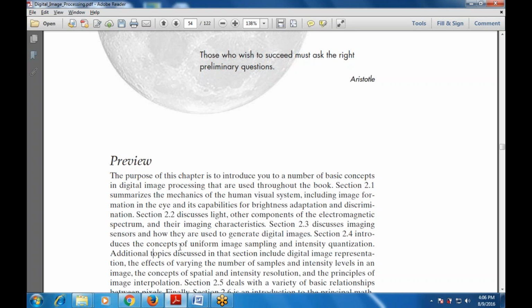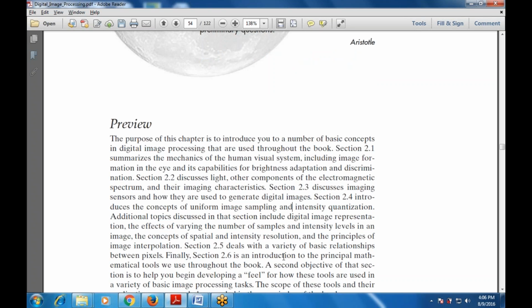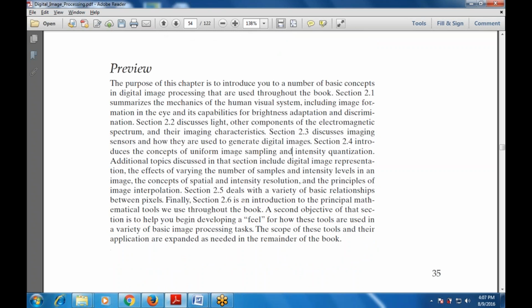An additional topic discussed in this section is digital image representation, that is, the effects of varying the number of samples and intensity levels in an image, the concept of spatial and intensity resolution, and the principle of image interpretation. This also deals with a variety of basic relationships between pixels.